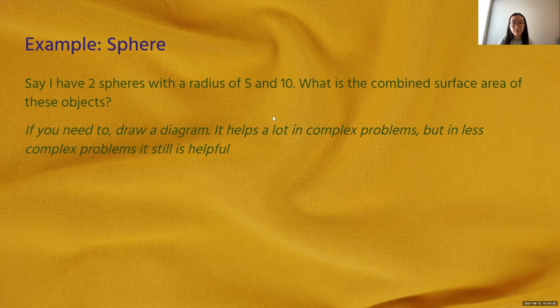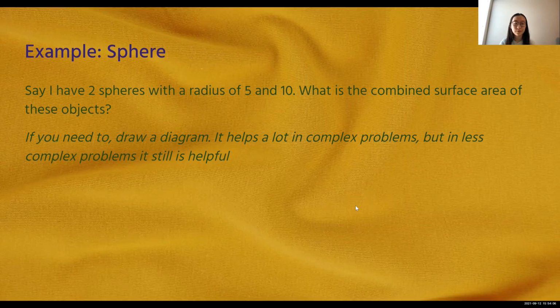So we're going to move on to an example problem. Say I have two spheres with a radius of 5 and 10. What is the combined surface area of these objects? So you can go ahead and try this.